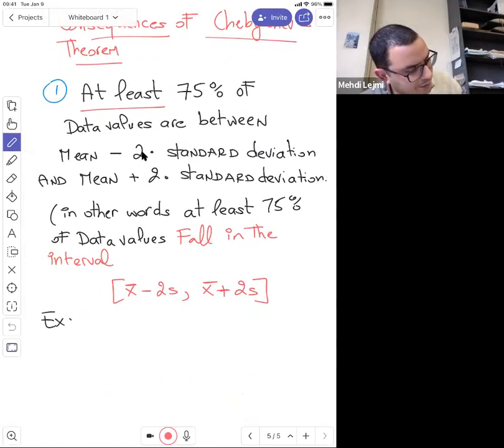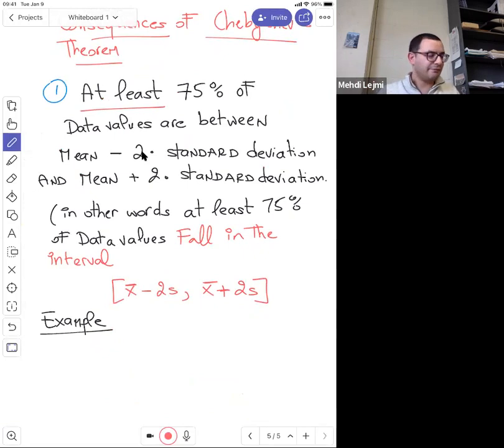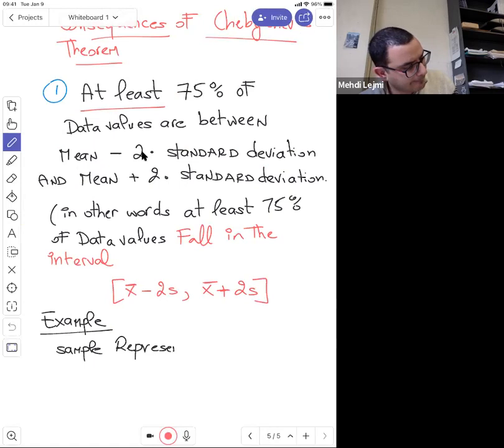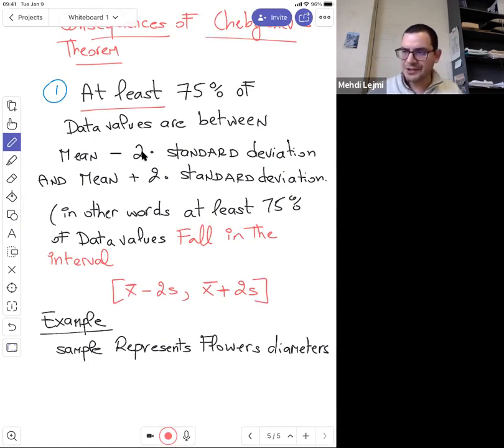Example, numerical example. So again, we're going to have the same example of the flowers' diameters. We have this sample, which represents flowers' diameters, and we have 6 numbers, I mean 6 flowers.